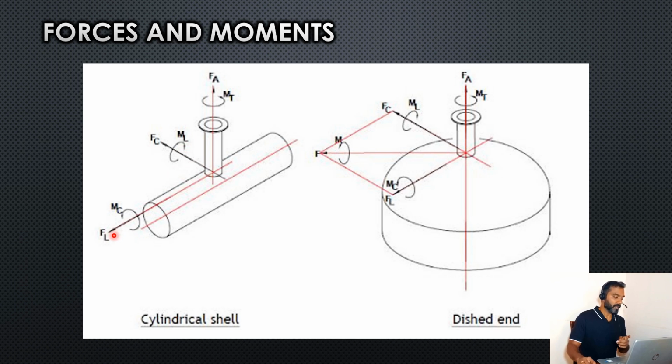Because of this force there is a rotation, and here because of this axial force there is a moment of rotation, and this moment of rotation is because of the torsion that comes from these two axes. So basically the moments are the result of the forces on the other two planes, that you have to understand.